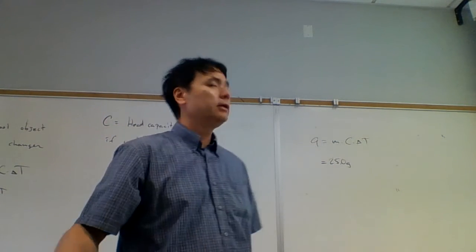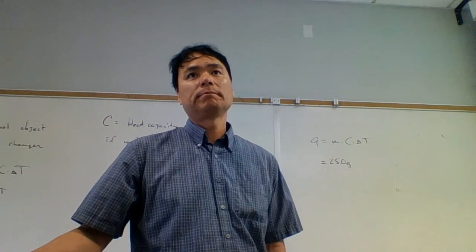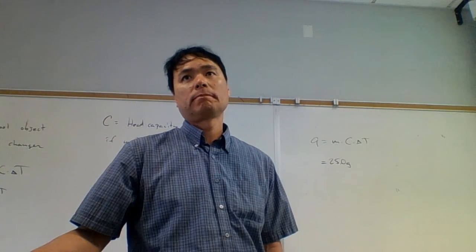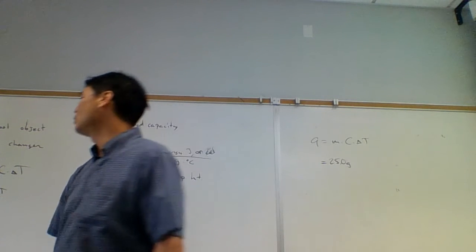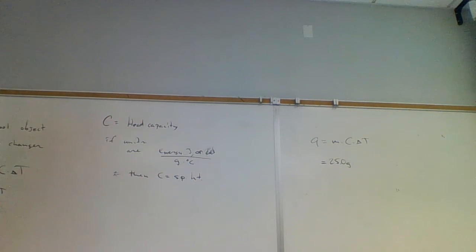Well, do you know how many joules it takes to do the same thing? It takes 4.18 joules. And so we get this, 1 calorie is equal to 4.184 joules. That's how many joules it takes to do the same thing.